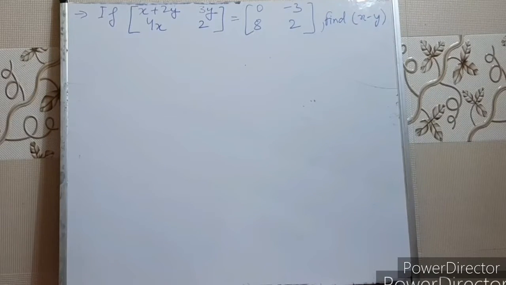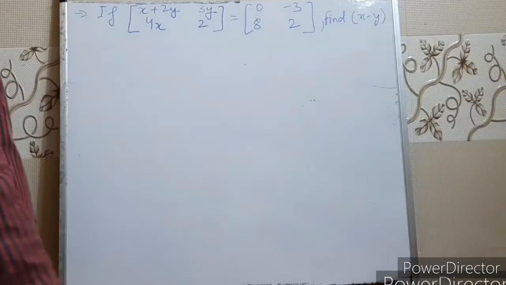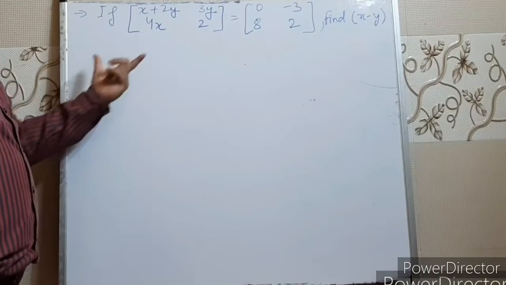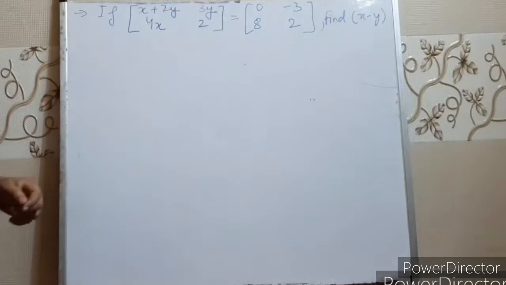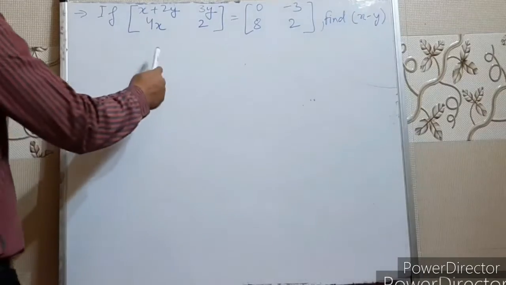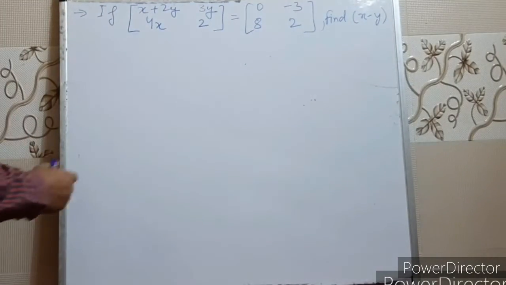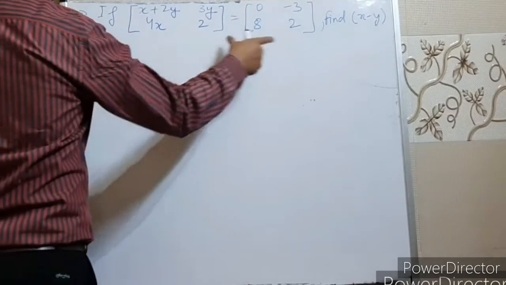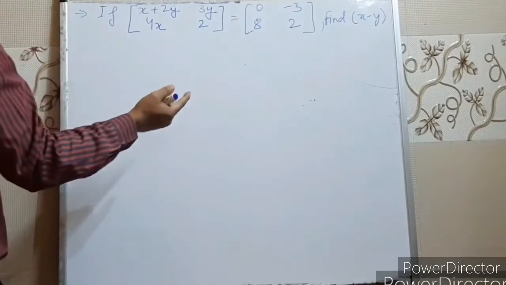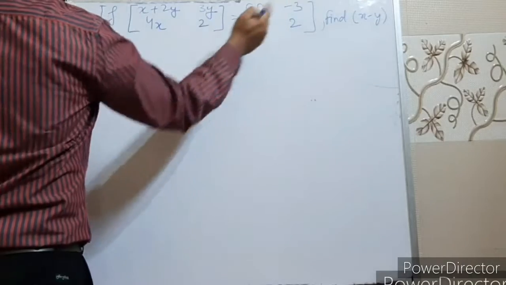Okay, children, let's do a few sums based on the theory and the concepts that we have discussed. This sum is based upon the equality of matrices. These two matrices are equal. The question is, you have to find the value of x minus y. Now you can see that whenever two matrices are equal, every corresponding element must be equal. So that means 3y equals minus 3.